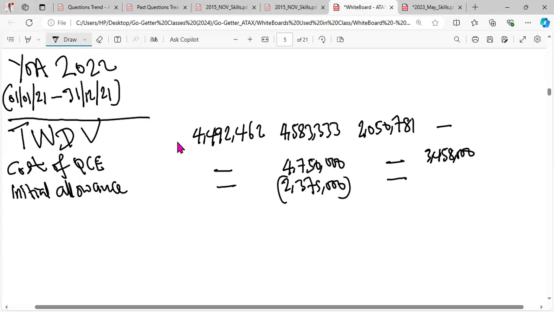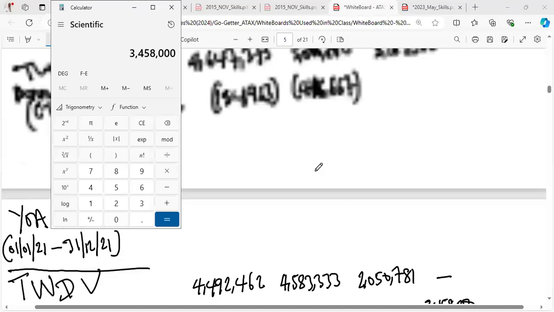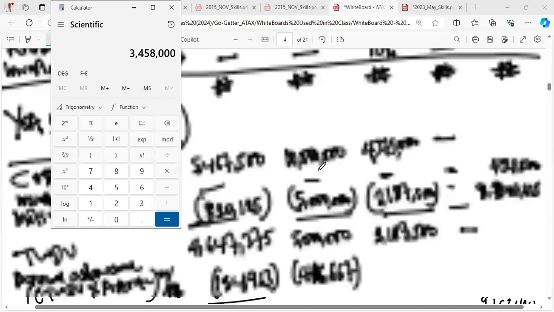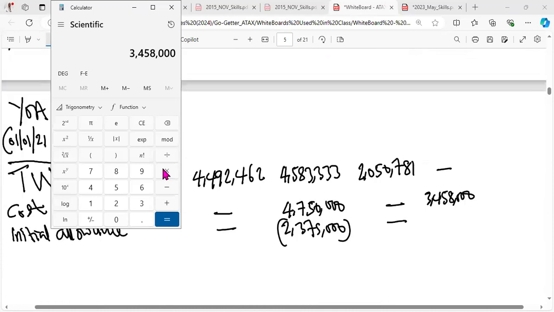Then we have here 3,458,000. And this happens to be furniture and fittings, which is 25%. So I will look for 25% of it. So that will give me 864,500.